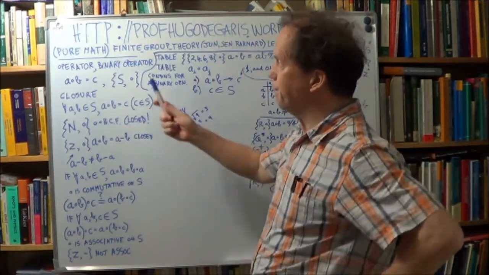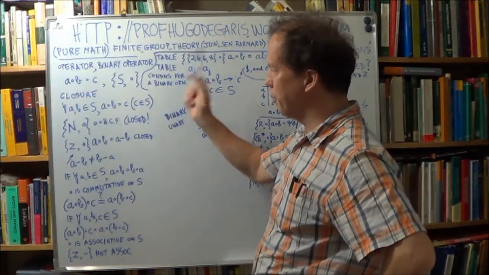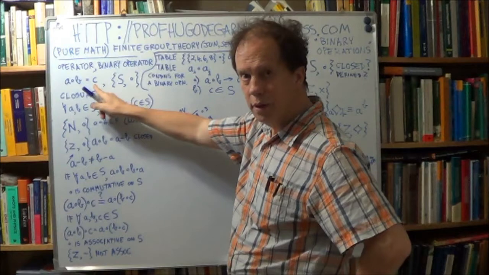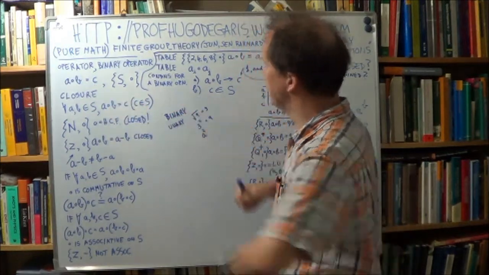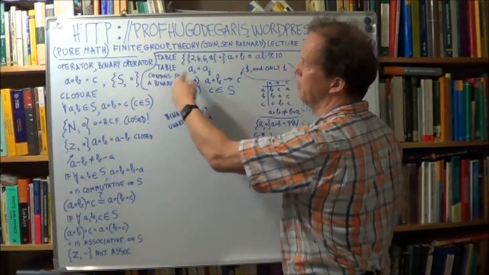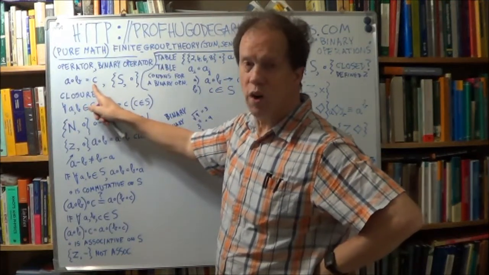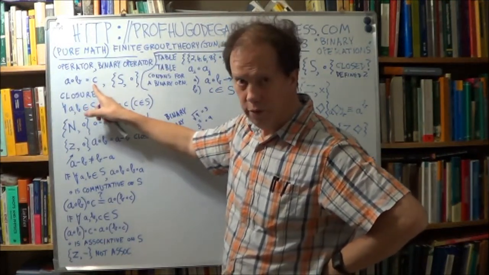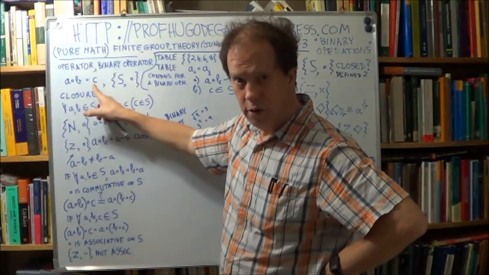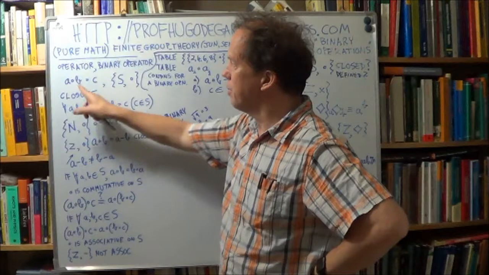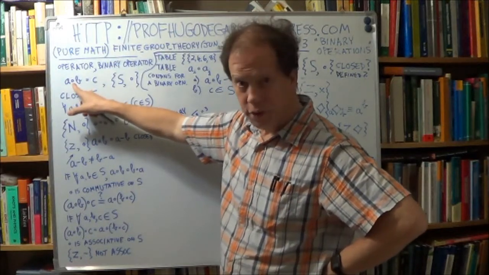And to be a binary operator, by definition, we'll talk a bit about the conditions for a binary operation, this result has to be one and only one result. If there is more than one result, or zero results, then this binary operator is not defined.